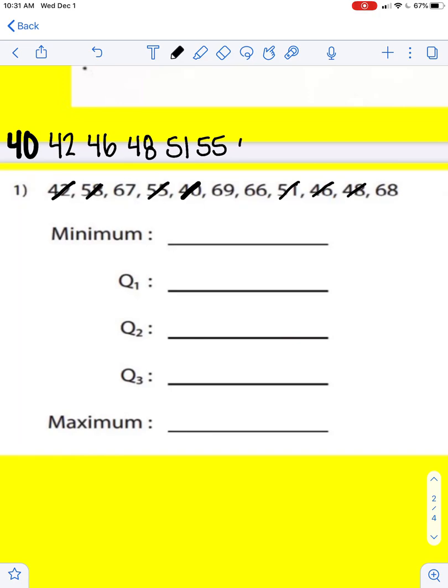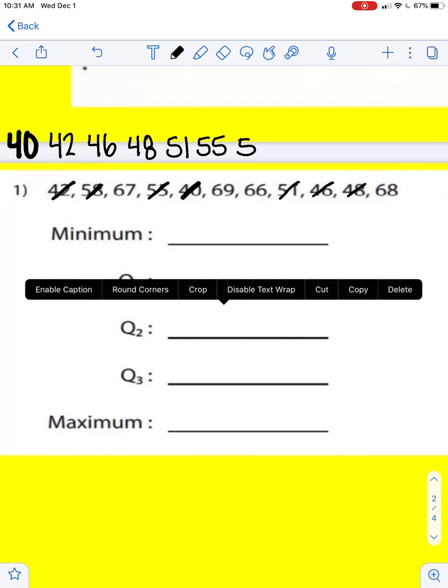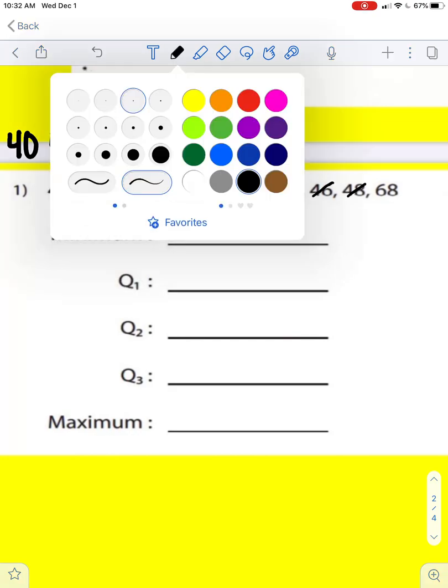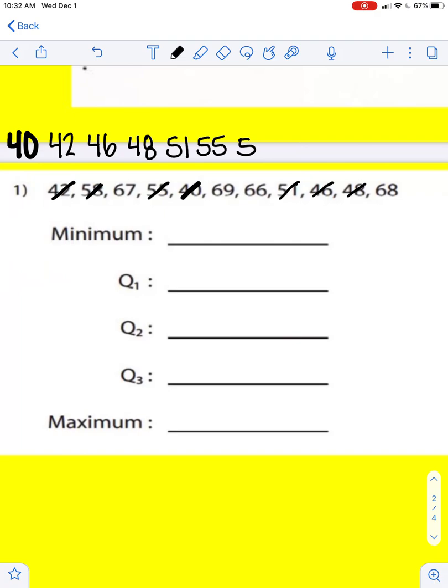Then 58. Then it looks like we've got 66, 67, 68, and 69.